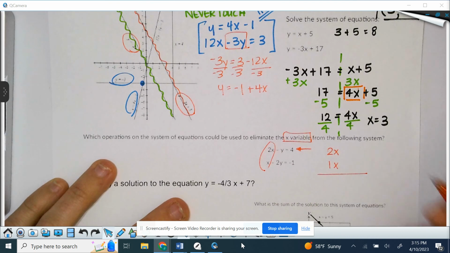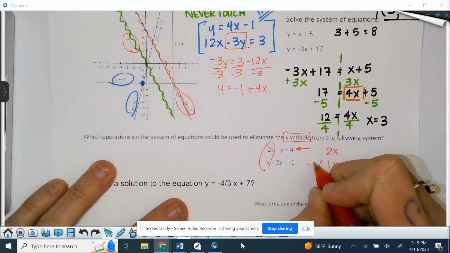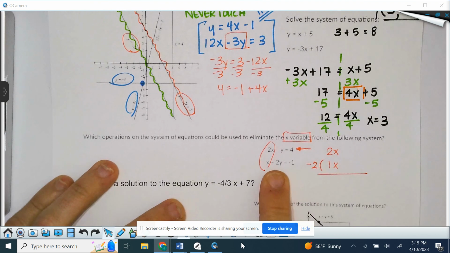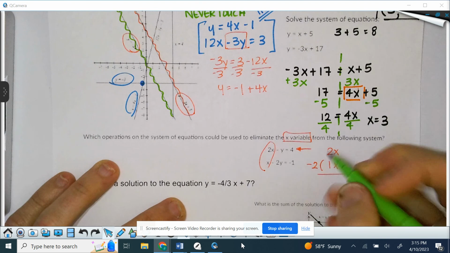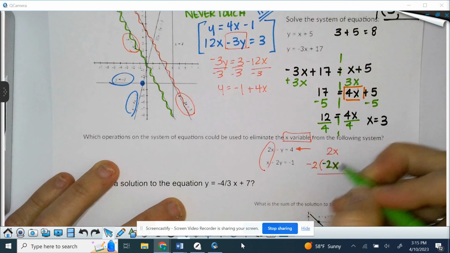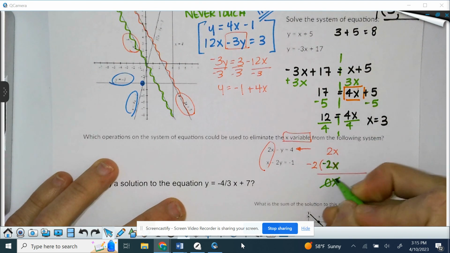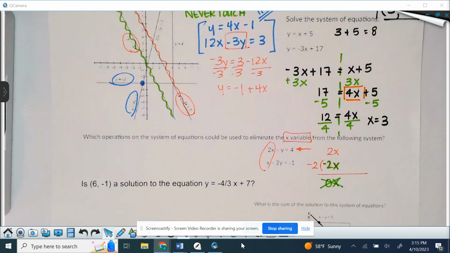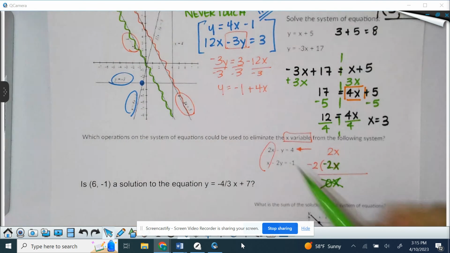The easiest way would be to multiply the bottom equation, the second equation, by a negative 2, because that would then turn that into a negative 2x, and when you add down, 0x, which is gone. So the answer, when it was multiple choice, would be multiply the second equation by a negative 2. Not just a positive 2, because we need that negative since it was positive on the top.